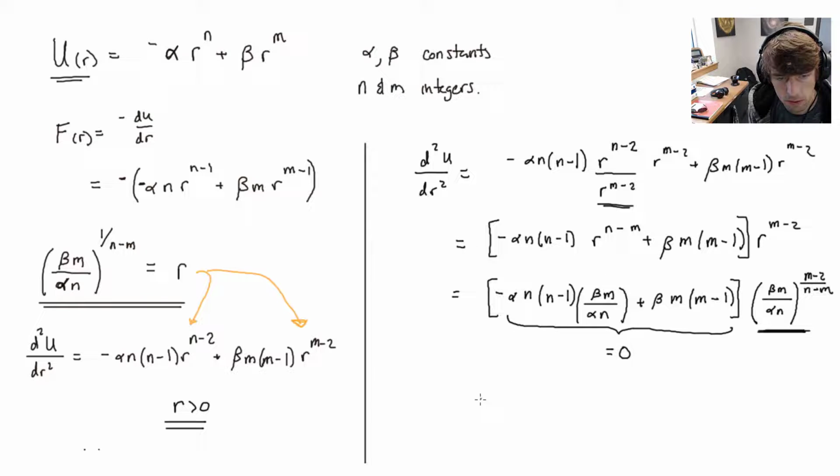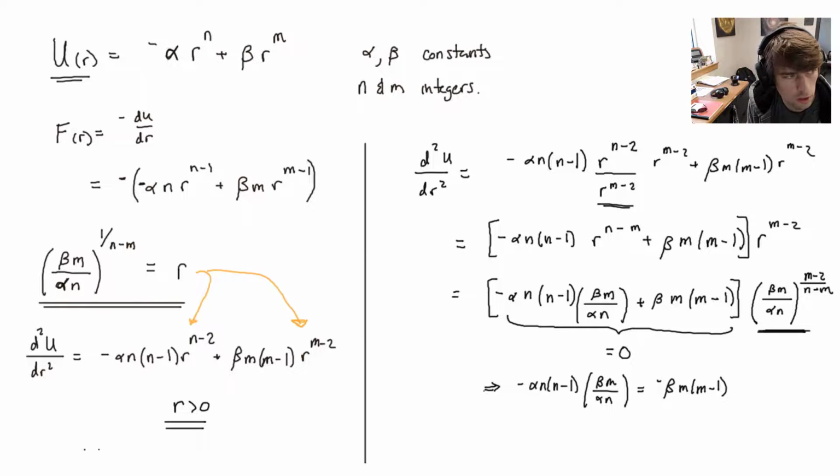So let's set this equal to 0. Assuming that this itself is not equal to 0, this will say that alpha n times n minus 1 times beta m over alpha n equals negative beta m times m minus 1. And look at this.